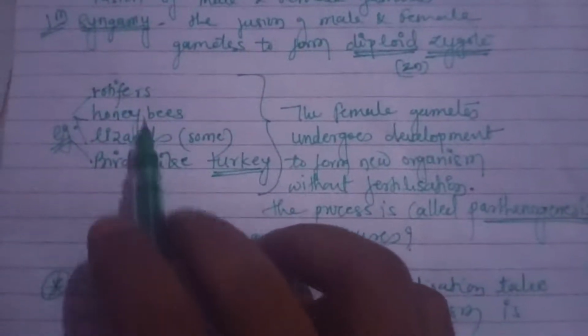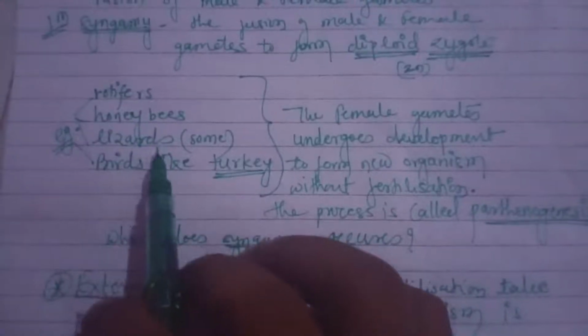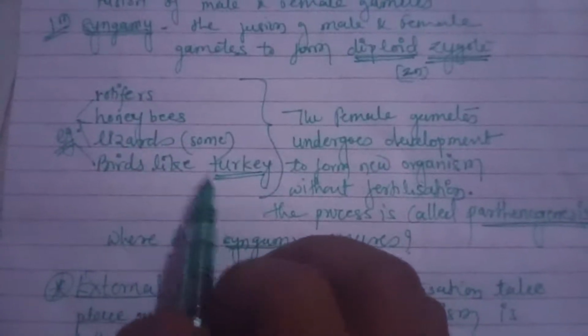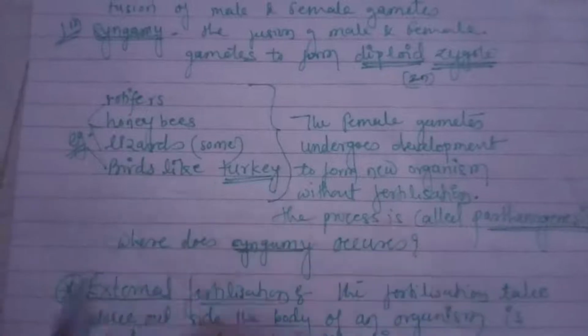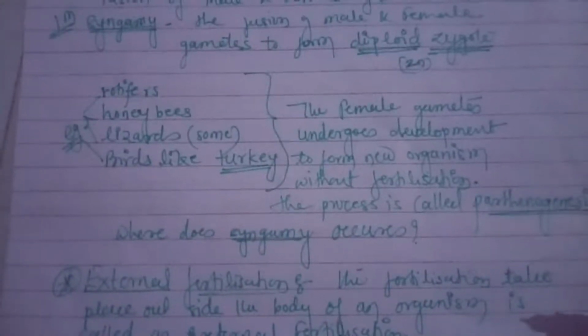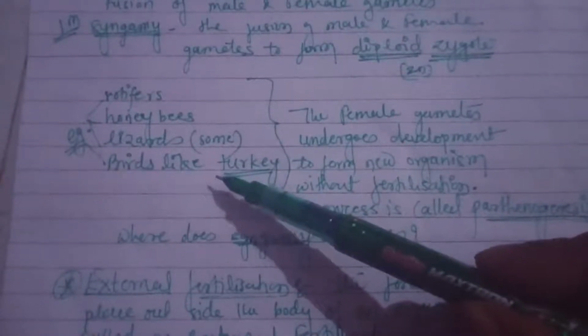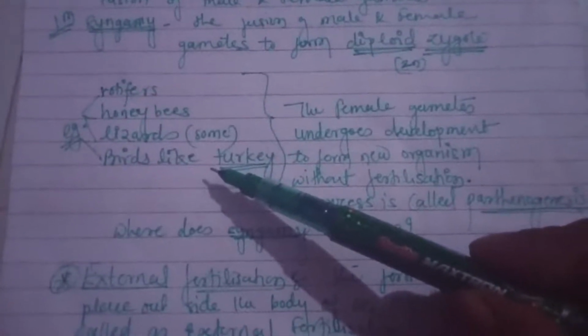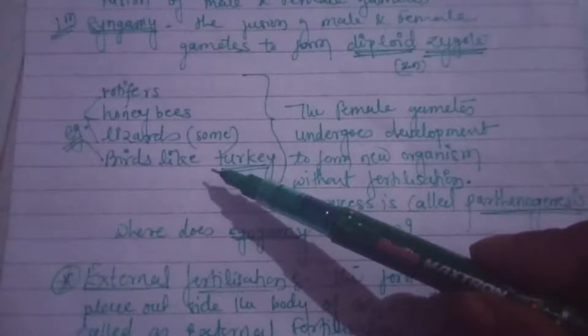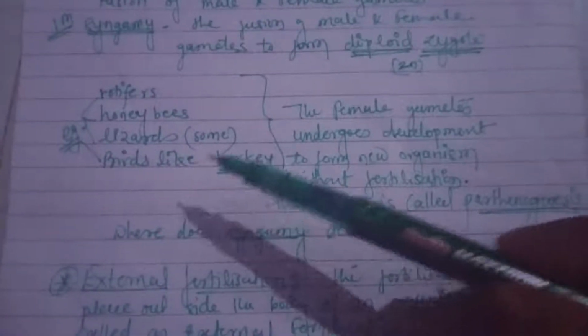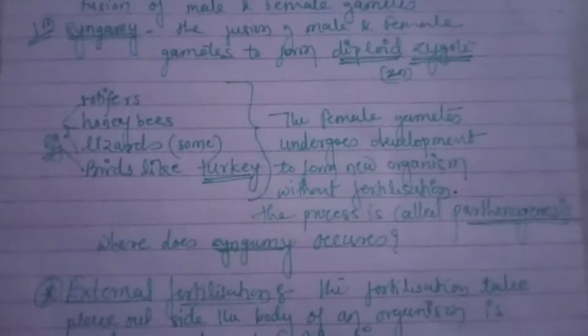What is going to happen in these organisms? Sexual reproduction takes place without fertilization. Without fertilization, the new organism is going to develop.